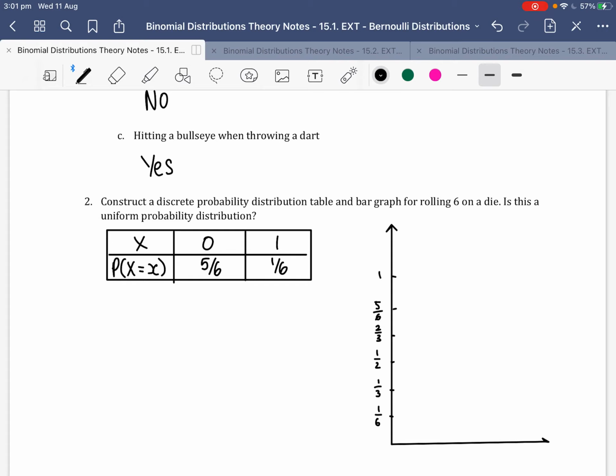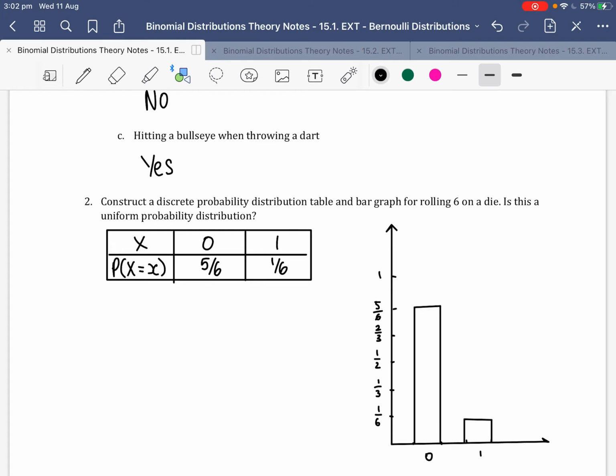We have a 0 and we have 1. The probability of failure is 5/6. The probability of rolling a 6 is just 1/6.